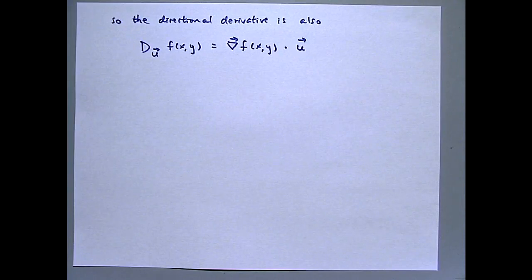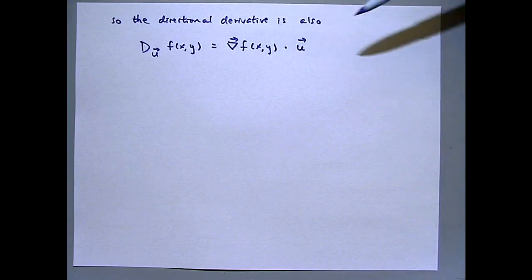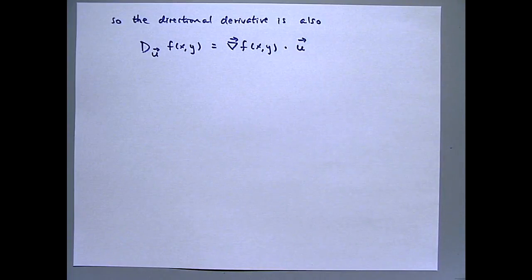They're the same thing, of course. Here, if you have the gradient vector, then you find the unit vector and dot the two. Or you can do what we did earlier, find the components of each one of those and multiply them together. All right?